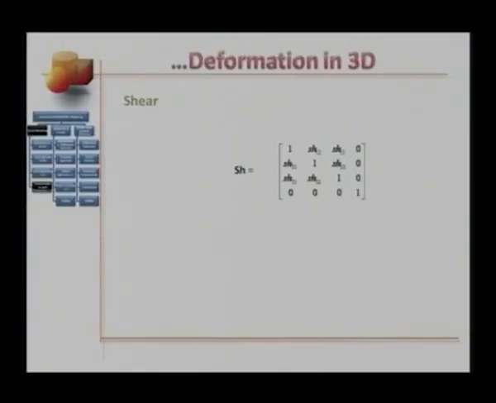The next is shear transformations in 3 dimensions. The generic transformation matrix for shear is given by this 4 by 4 matrix with entries 1, sh sub 1 2, sh sub 1 3, 0, sh sub 2 1, 1, sh sub 2 3, 0, sh sub 3 1, sh sub 3 2, 1, 0, and in the fourth row we have all these entries as 0, and the last entry is 1.